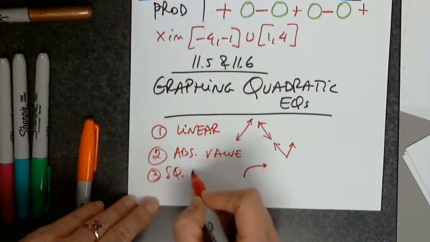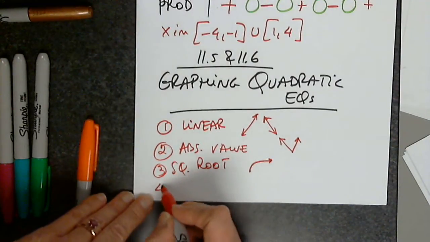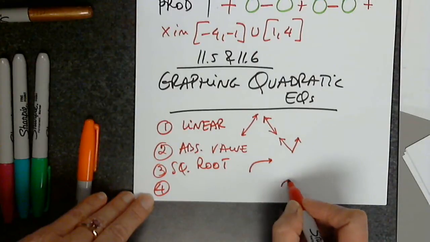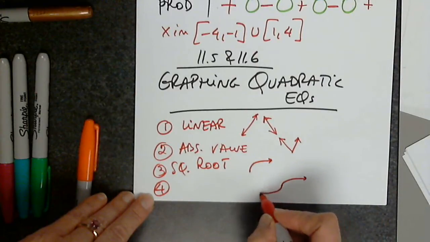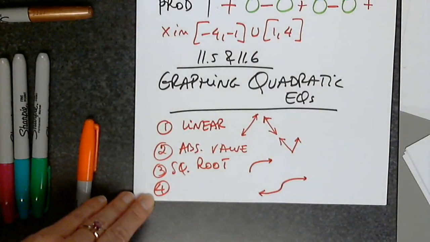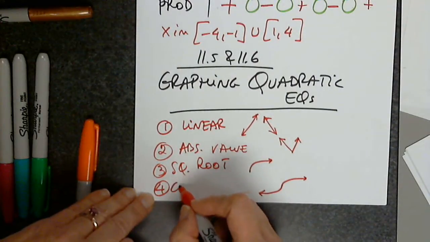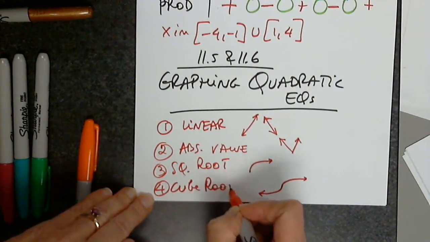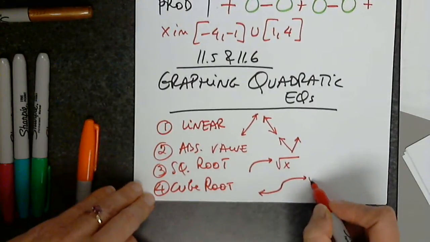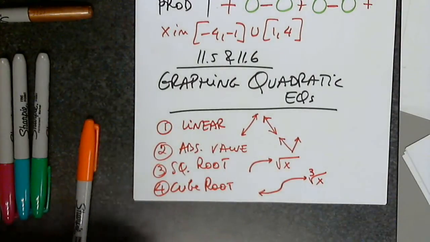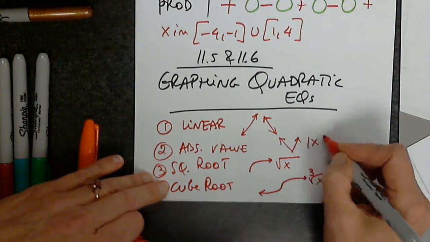Very good, square root. And what is this graph? Exactly, cube root. So this is the square root of x, and this is the cube root of x. Very good, excellent. And this is the absolute value. Perfect.